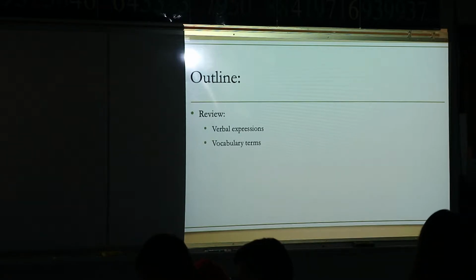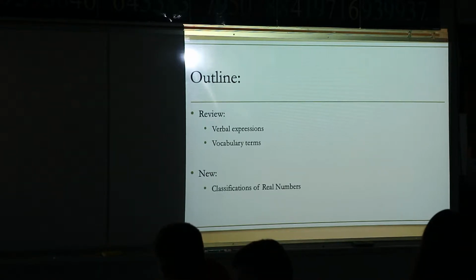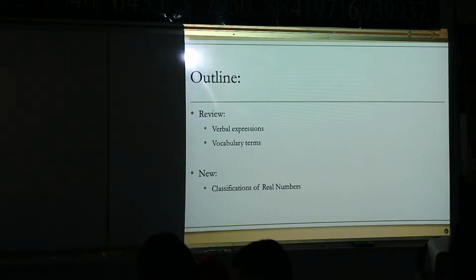It's just to glaze the surface because you're going to see what we're going to talk about today, how these actually fit. New things that we're going to cover today, brand new, that we have not discussed in here anyway, is we're going to talk about the classifications of real numbers. So that means when we start talking about digits, certain numbers fit in certain categories so that when we start doing certain types of math, you understand what type of math we're supposed to be doing with that problem.